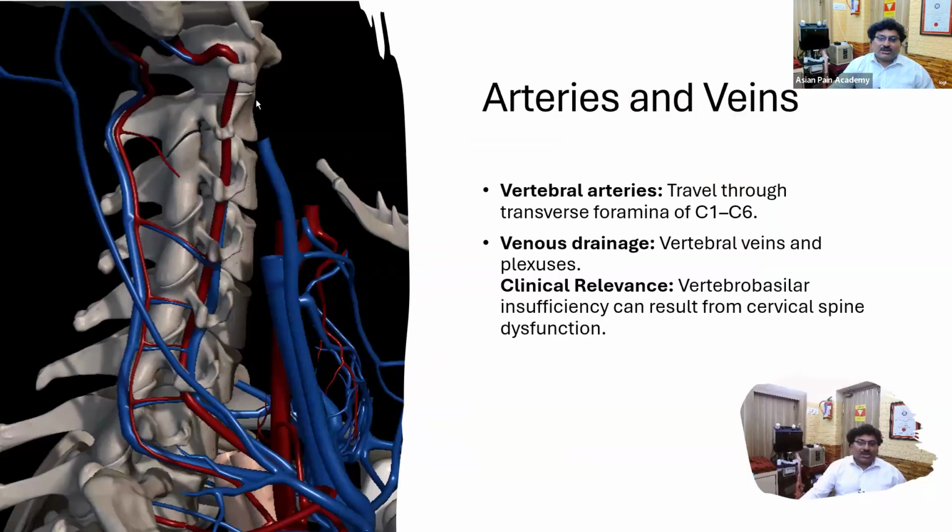What are the important arteries? First, I have told you, the vertebral artery. It is an important artery, and its importance increases a lot for us because it remains at such a crucial point that for certain interventions, if it is accidentally punctured and particulate steroid is accidentally injected, it can cause cerebral ischemia and stroke.